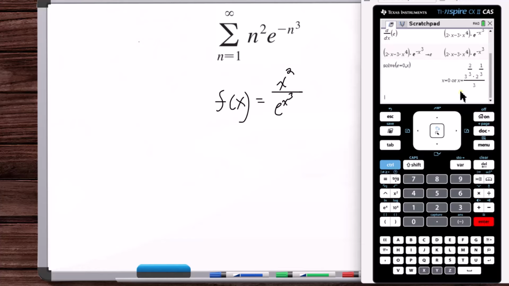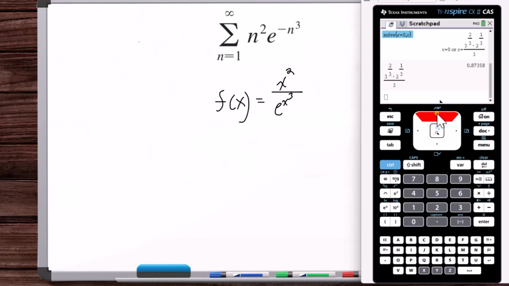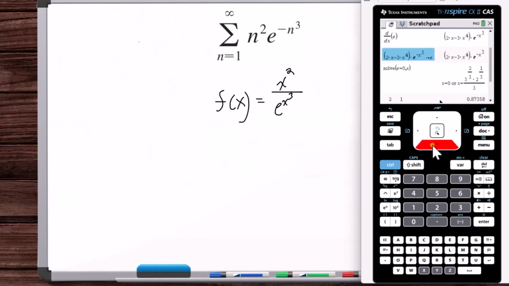X is equal to 0 or x is equal to this value, which is a positive value. So, what is this? .87. So let's just take the derivative and plug in. Where's the derivative? We stored that as e. Plug in 1, or we can plug in whatever we want. But yeah, let's do 1.